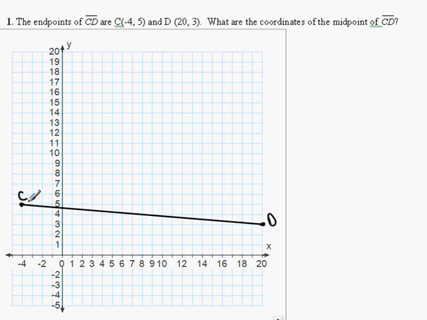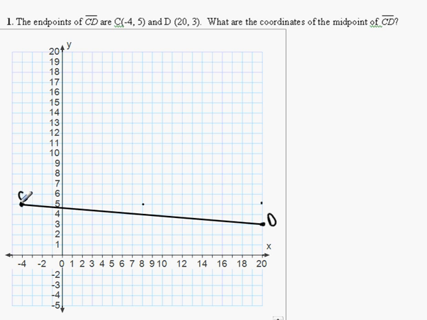Well, let's think about it like this. From here all the way to here is 24 spaces. Half of 24 is 12, so I have to go 1, 2, 3, 4, 5, 6, 7, 8, 9, 10, 11, 12. And then it goes down 1, 2 spaces, so I'll go down 1 space.